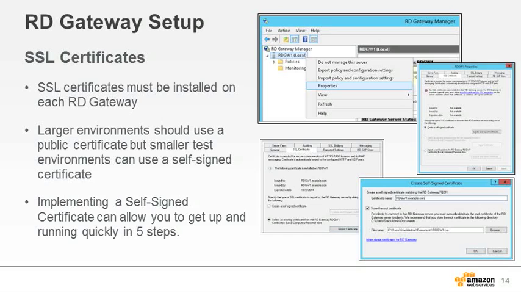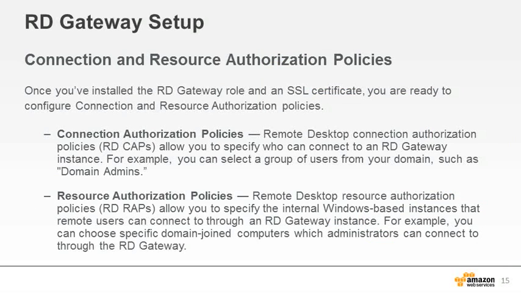In addition to the SSL configuration, there are also connection and resource authorization policies. Connections, RD CAPs as they're called, define who can connect to the gateway. For example, in almost all Microsoft deployments on AWS, there is, in addition to this gateway, an Active Directory deployment, which allows you to reference a domain.